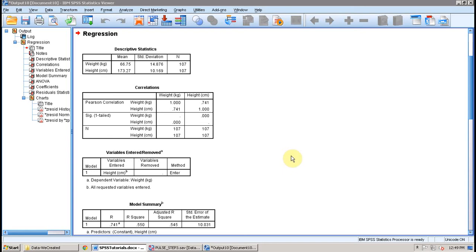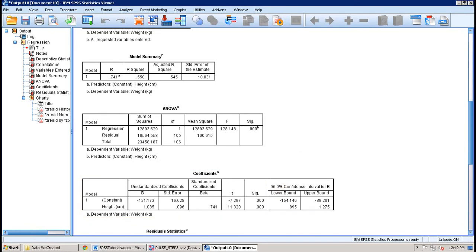Then we have the model summary. Of interest here is the R-squared value of 0.550. This can be interpreted by saying that this model using height explains 55% of the variation in weight. Then we get the overall ANOVA table.